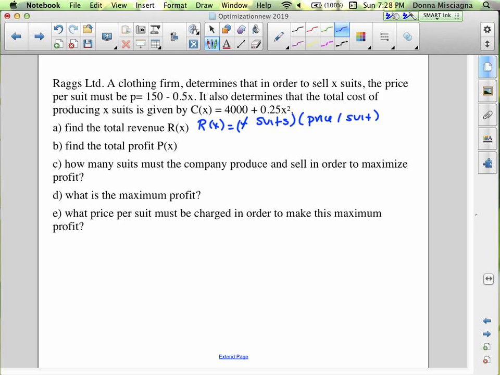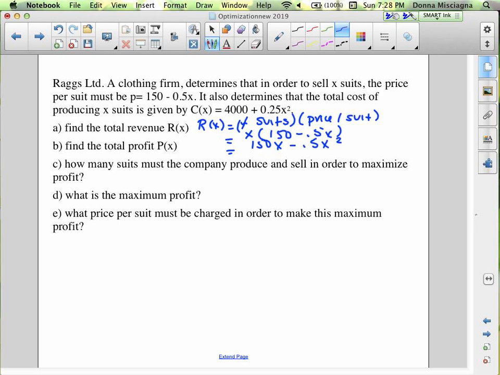So X, the number of suits, times the price per suit, 150 minus 0.5x. If we distribute the x, we have 150x minus 0.5x squared.